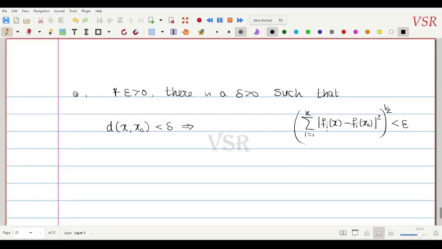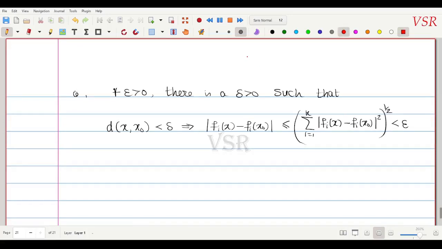Then this is always greater than or equal to modulus of fi of x minus fi of x naught. How did this line come, sir? Nothing much, look here.